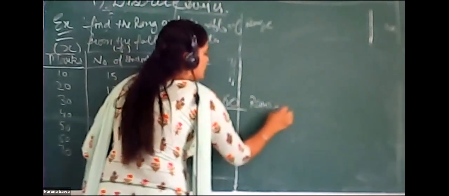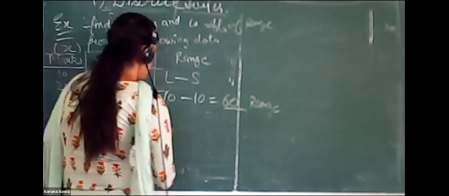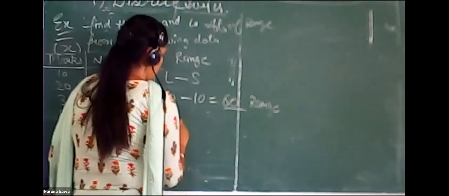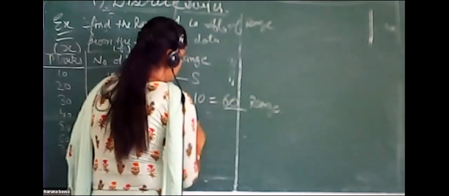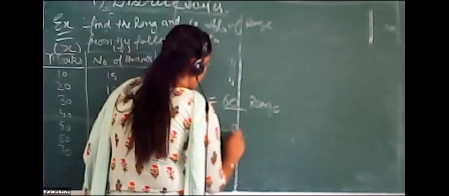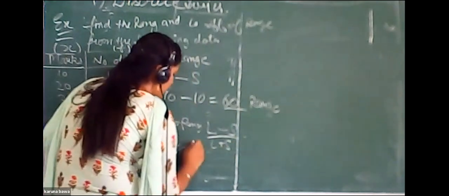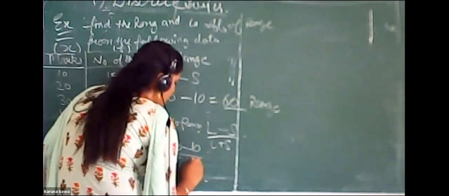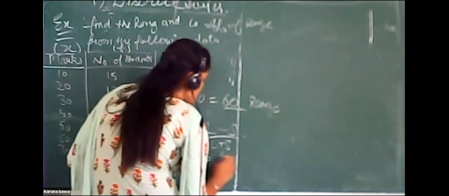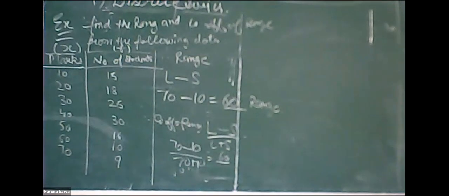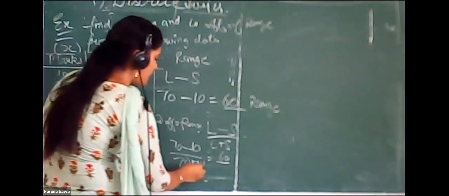So now find out the coefficient of range. The formula is L minus S divided by L plus S. So first of all 70 minus 10, that is 60, and 70 plus 10 is equal to 80.